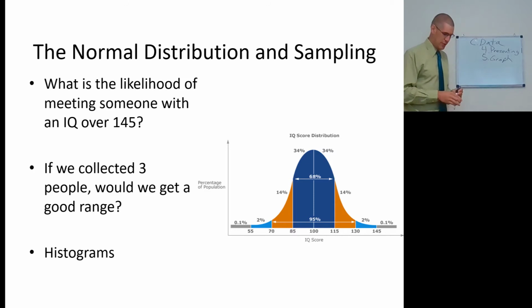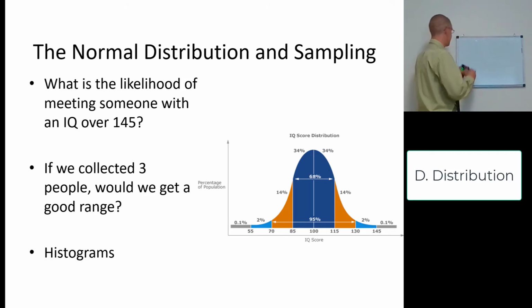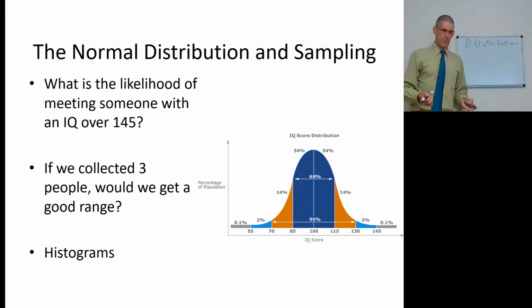All right, what's the distribution of our data? D for distribution. The D for distribution gives a feel for the data overall. This is a type of graph that shows proportions of a population.